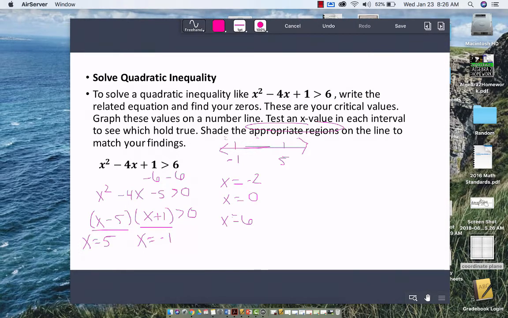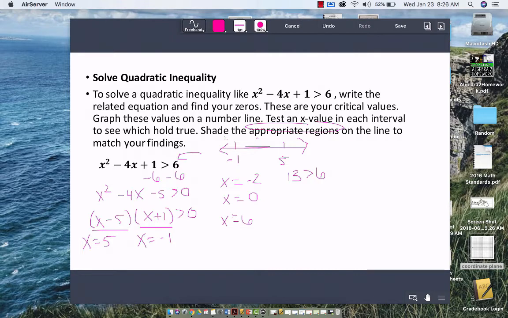When we plug negative 2 into our original inequality over here, we get that 13 is greater than 6. So what I'm doing is negative 2 squared minus 4 times negative 2 plus 1, and I get 13 is greater than 6.